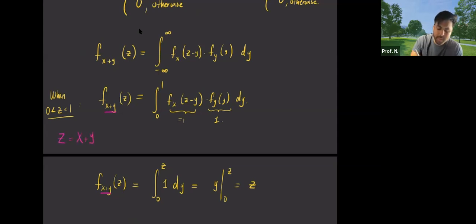So this is really about big Z, the sum of x plus y. So what if, whatever x is and whatever y is, when you add them up they give you something smaller than 1?